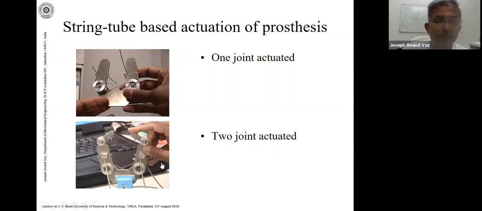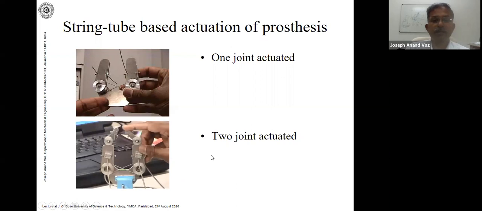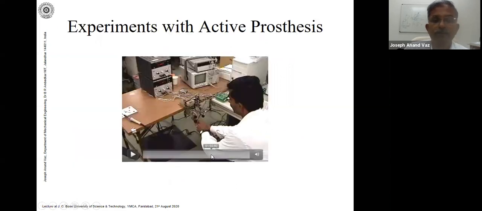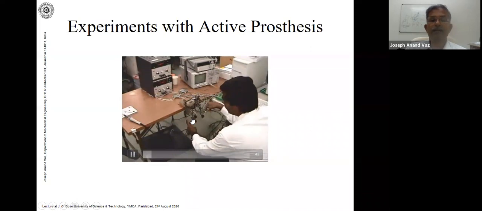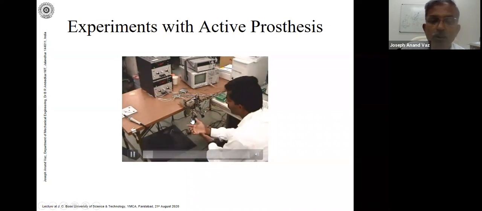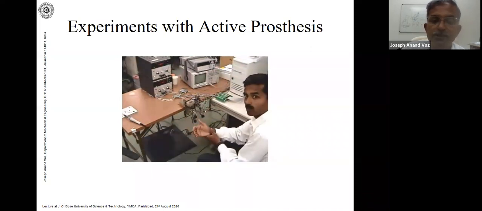You can also implement this in the active form, which means you are using a control strategy. You have one finger which is an active finger passing on the commands to a passive finger, and the passive finger just follows the active finger but in the opposite sense.